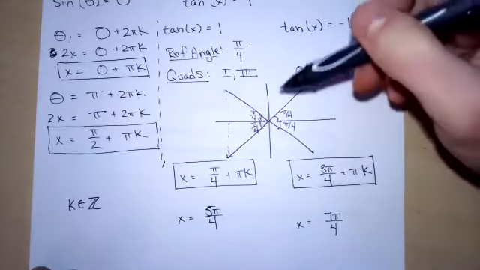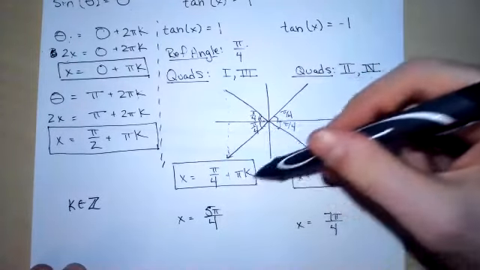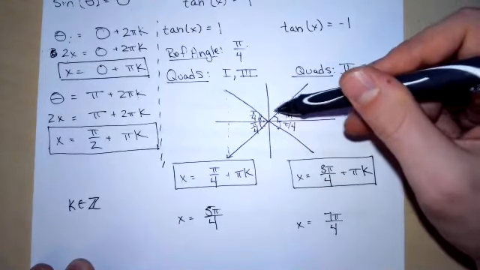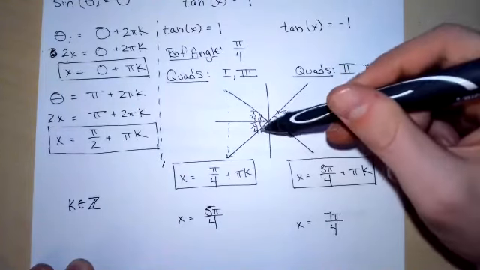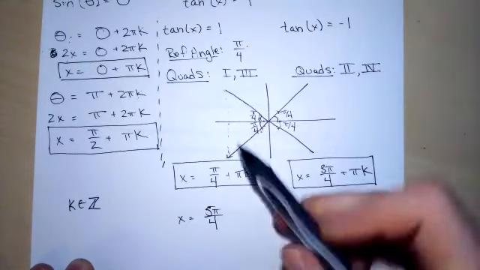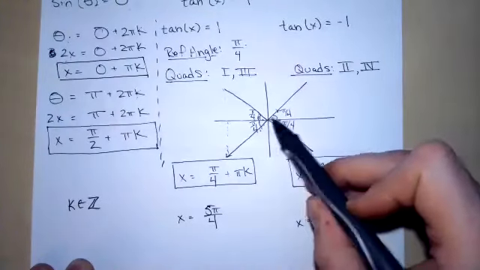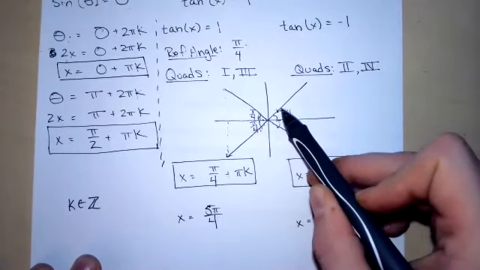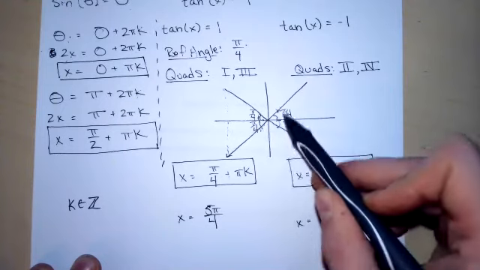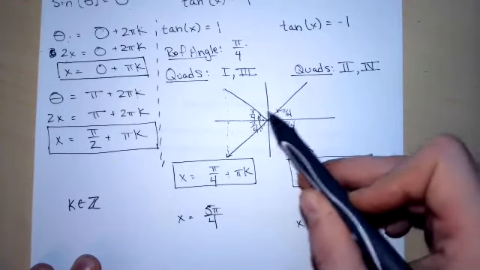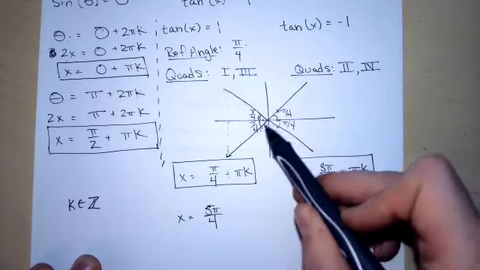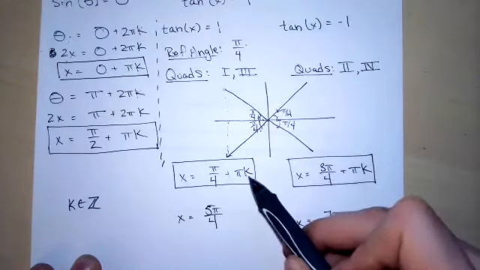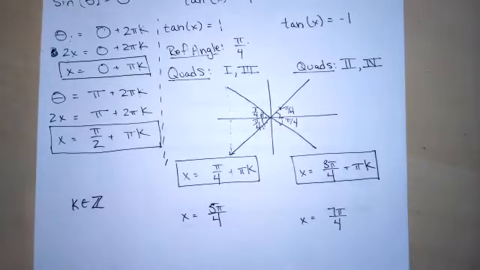So what's going on geometrically here? This solution, what does it mean? It means start at pi over 4 and then add on any multiple of pi. So halfway around the circle. So this solution here includes this angle plus halfway around the circle, plus halfway around the circle, plus halfway around the circle. So it's going to hit every angle in the first and third quadrant with a pi over 4 reference angle, no matter how many times we wrap around.